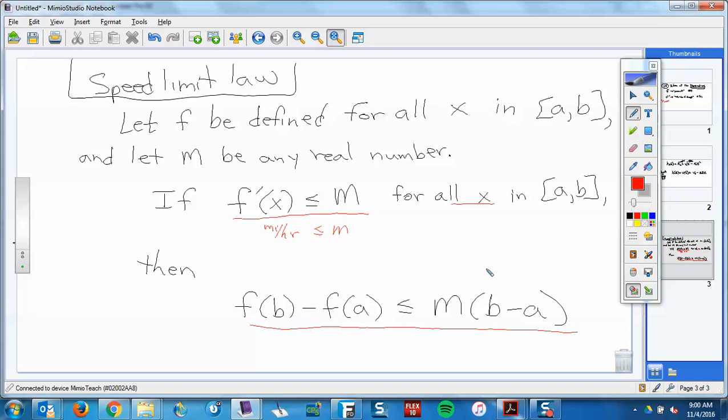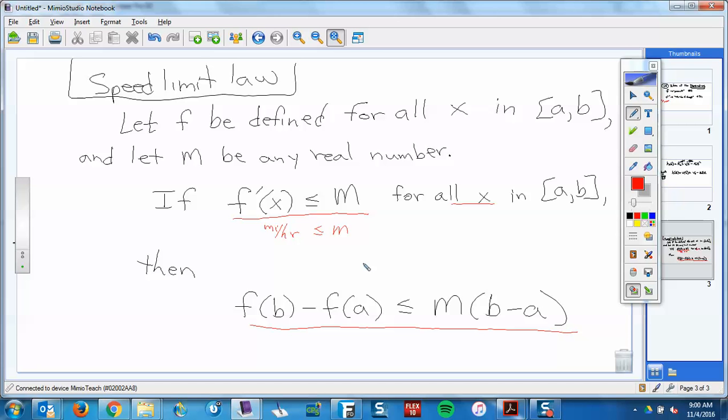For 8 hours, if our miles per hour is always less than or equal to m, what can we call m? Well, in terms of miles per hour, what can we call m? If I tell you that my miles per hour, for those 8 hours I drove, were always less than or equal to 80, what is 80 then?